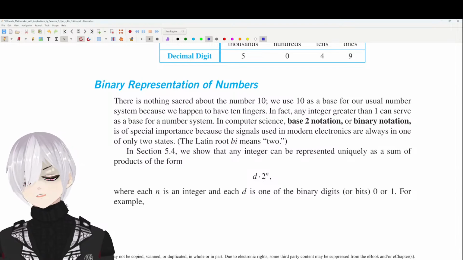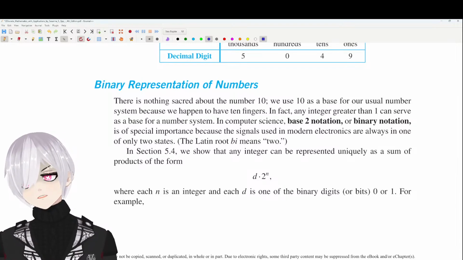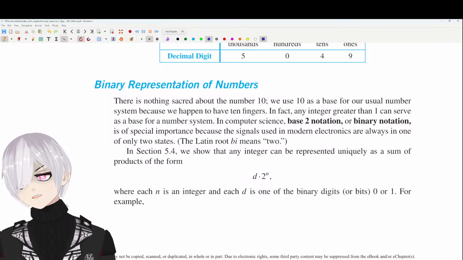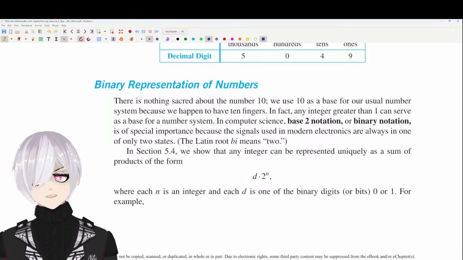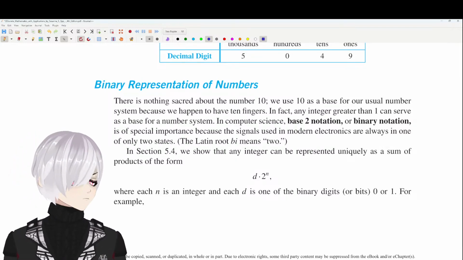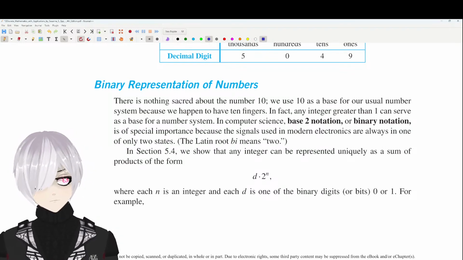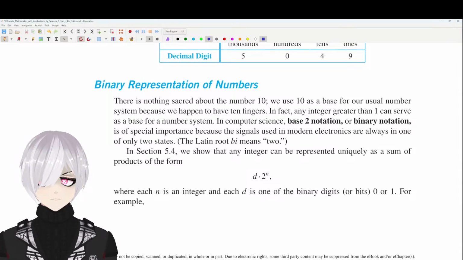Okay, binary representation of numbers. Oh yeah, that's a super explicit explanation of something we ought to be pretty familiar with. And a lot of number theory, like I think chapter 4 is about number theory, a lot of that is about being explicit about arithmetic.